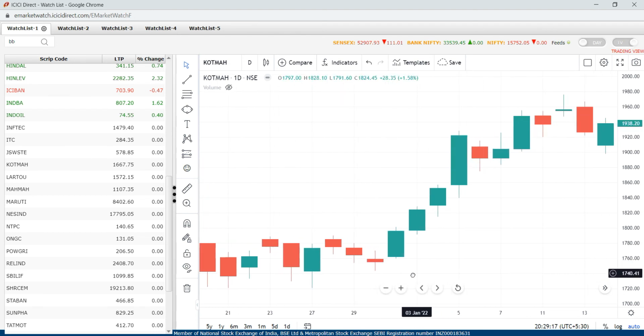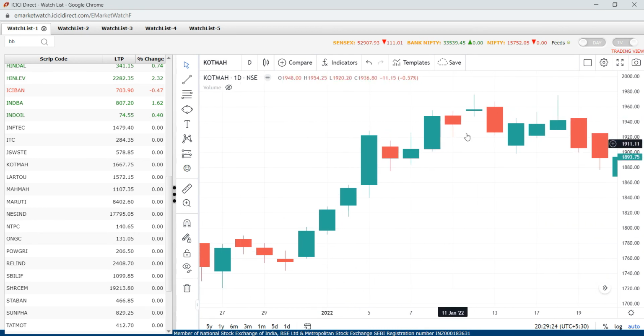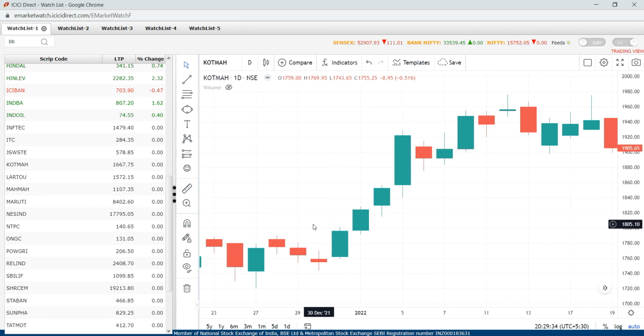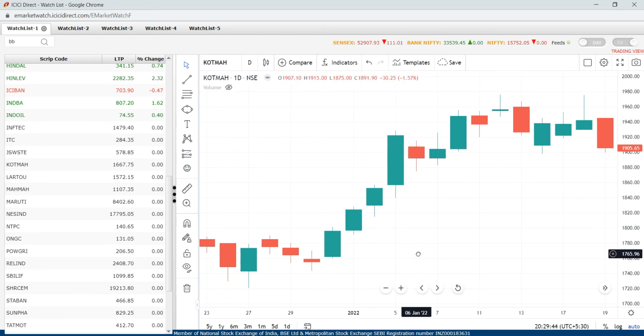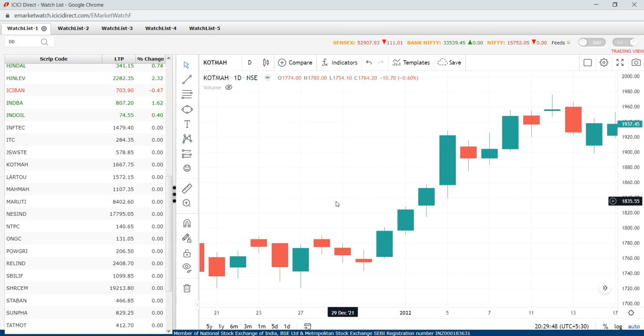So you can also find the reversal of the stock when it was trading low and is now moving up. This is how the movement would be after you find a morning star. This is a very good chart pattern to take a trade upon. I've taken a daily chart, but you can also change the time frames to look out for better trades. So this is all about the morning star.